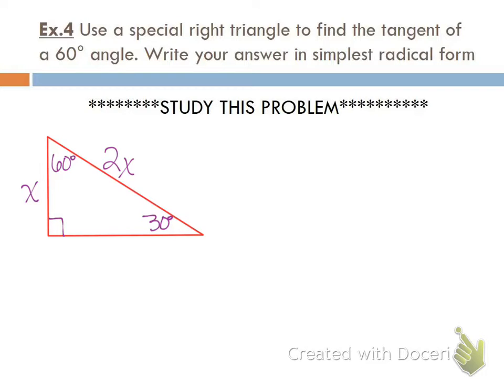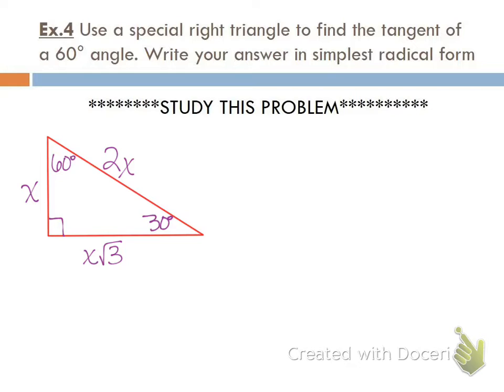Then we should also label that last side. The long leg is also based off of my short leg. What do you think it should get labeled? X root 3. Okay, because the long leg is the short leg times the square root of 3. Do we have questions about why we labeled it this way?